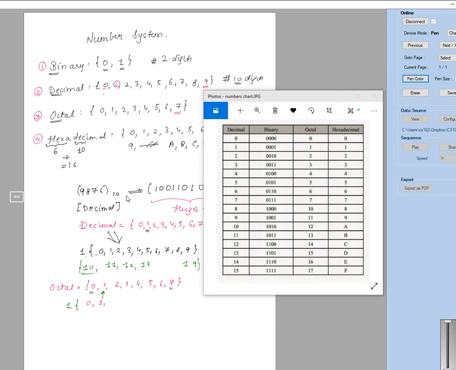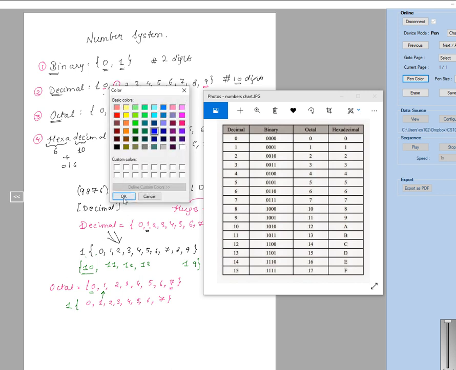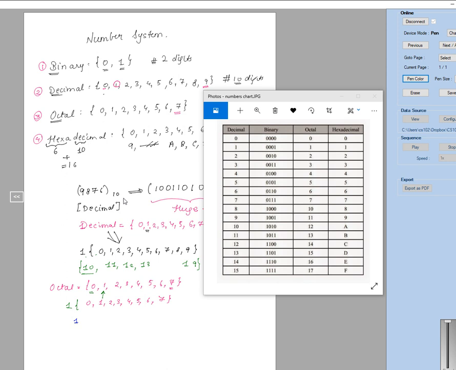I am just copy pasting this, right? And now just append them one after the other. So this becomes 1 and 0 is 10, 1 and 1 is 11, 12, 13 up to 17, right? Similarly for 20, 21, 22, 23, 24.